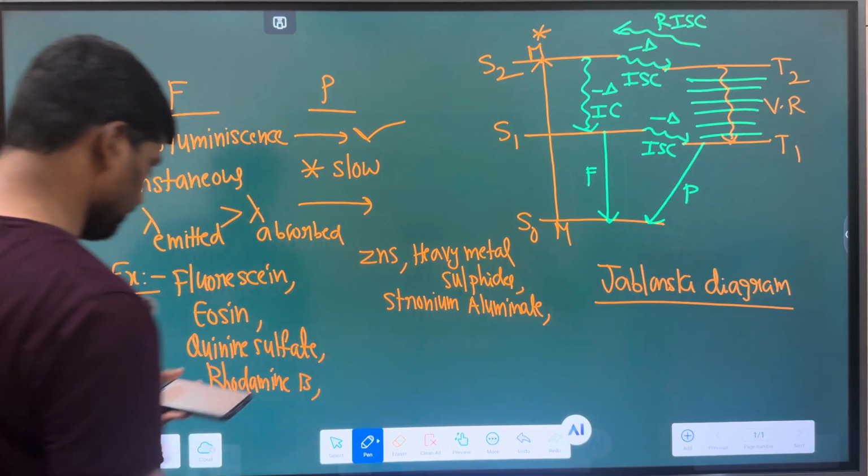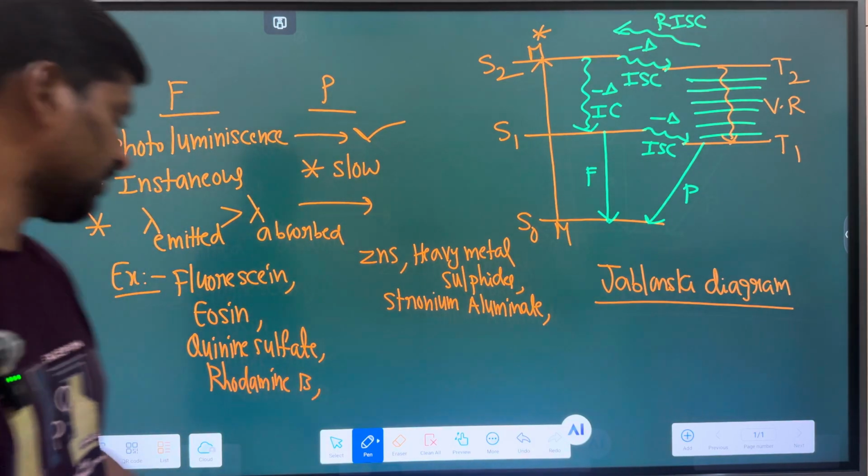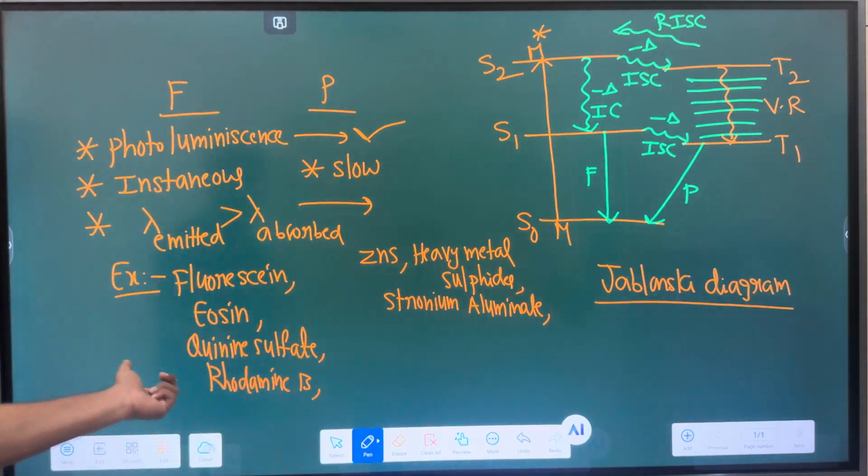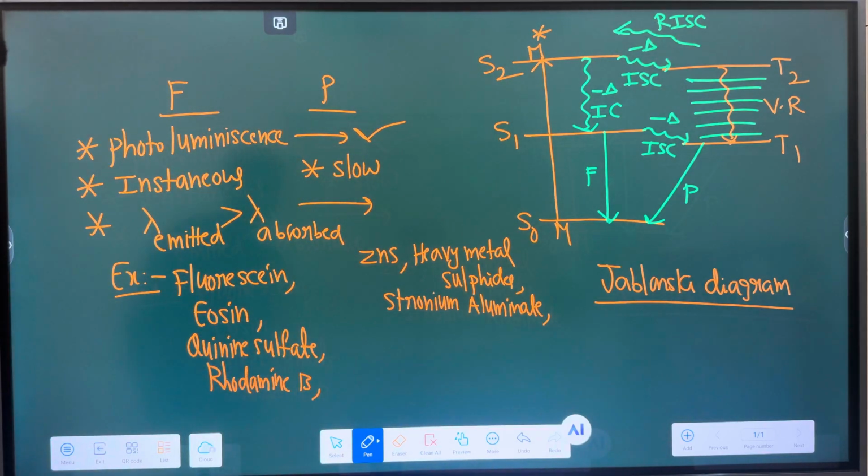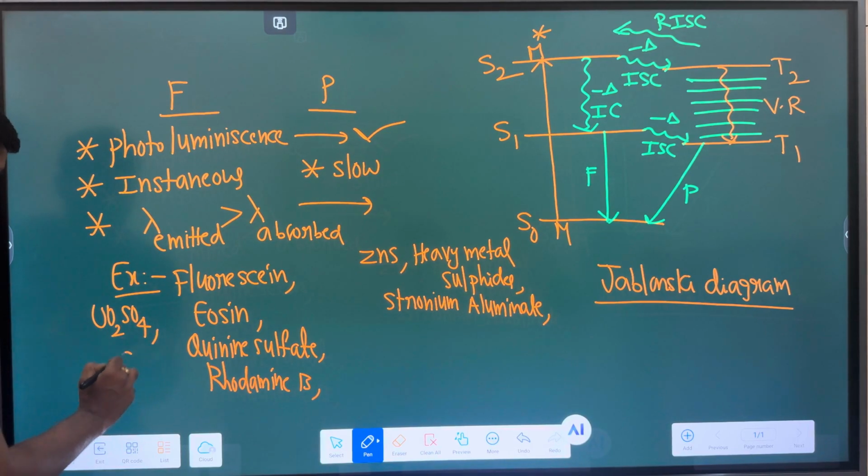These are some examples for phosphorescent substances. Uranyl sulfate is also an example of a fluorescent substance. Chlorophyll is also an example of a fluorescent substance.